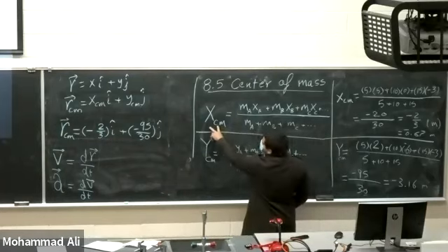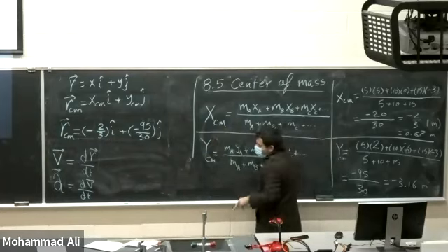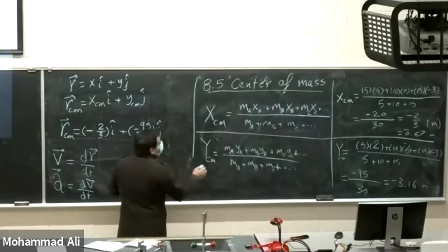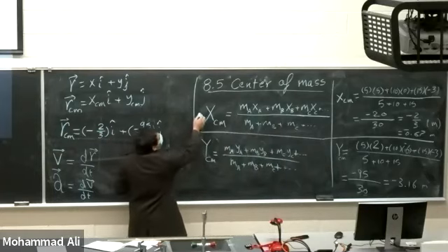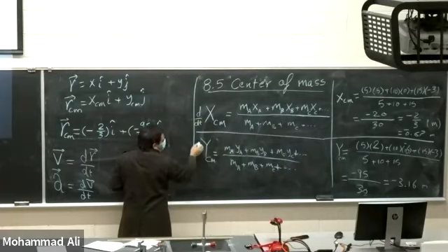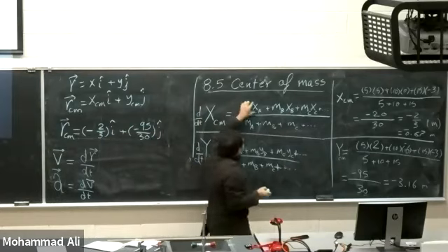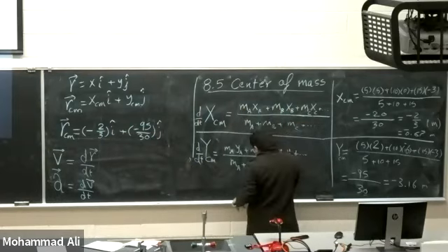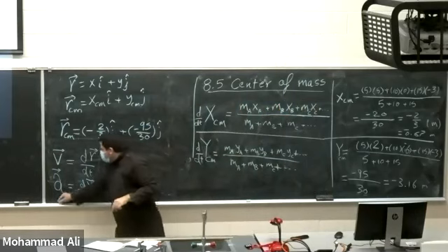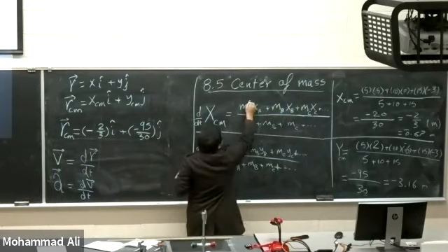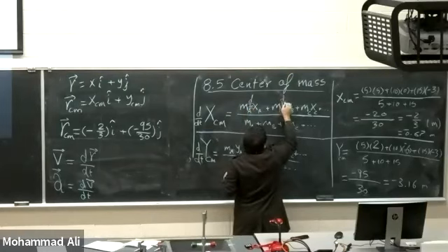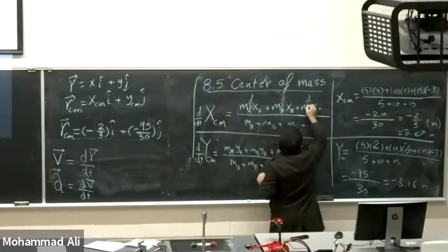Now, if the center of mass is moving, then it is simple. We can derive the position vector with respect to time. And the derivation will be entered to the x component for each one of these terms. Here we have d by dt, here we have d by dt, here also we have d by dt.